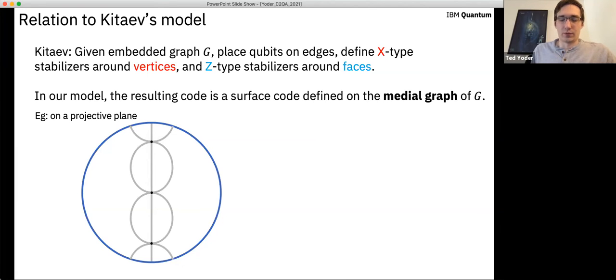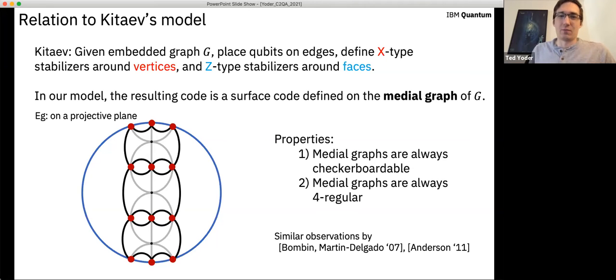So if we were to write one of Kitaev's codes in our model, we'd start with Kitaev's embedded graph, associate qubits to edges, and then write down the medial graph, where the point of the medial graph is that now the qubits are on the vertices of the medial graph. So the code defined using the medial graph in our model is the same code as Kitaev's code defined using, in this case, the light gray graph, the original graph.